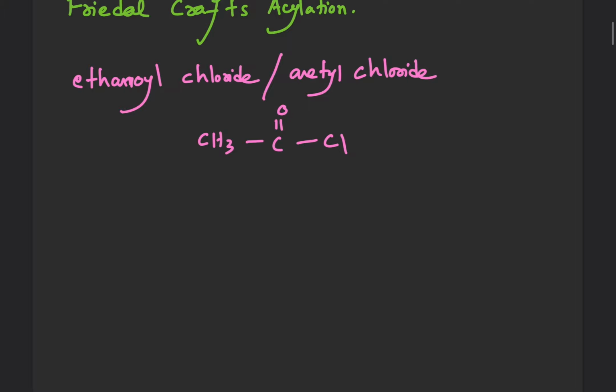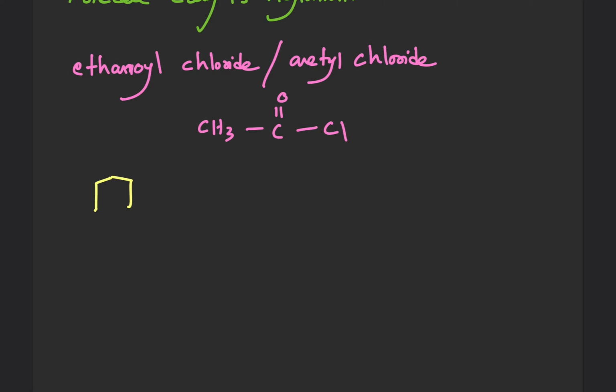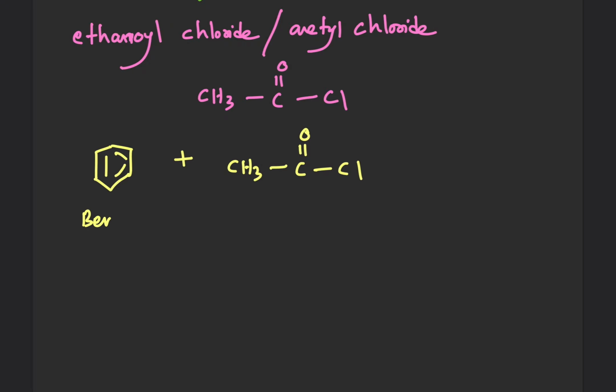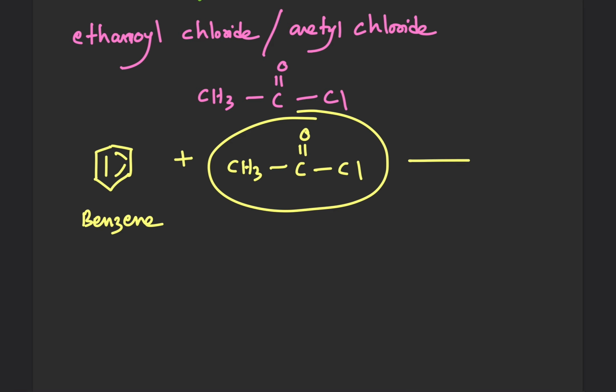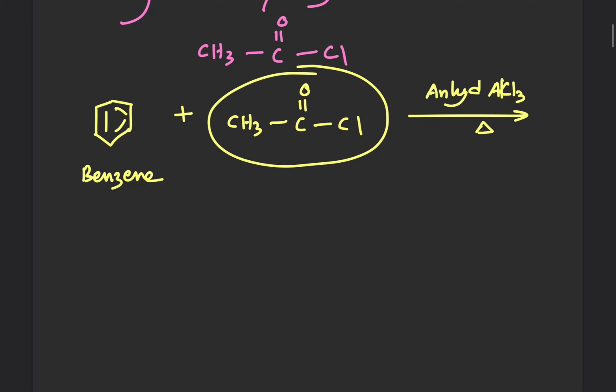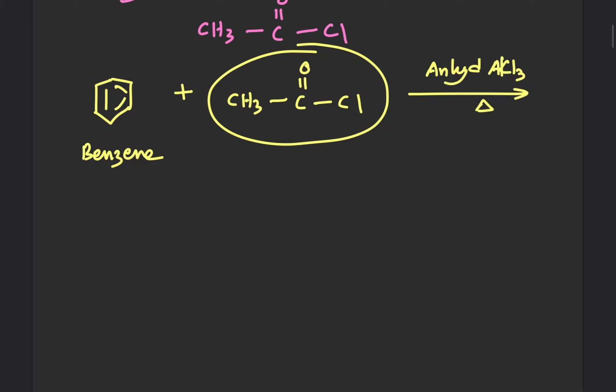So with respect to reactions, benzene is reacting with CH3 C double bond O Cl. This is our benzene, and this is our ethanoyl chloride or acetyl chloride, in the presence of anhydrous AlCl3 and heat. So we will get an aromatic ketone, which will look something like this.